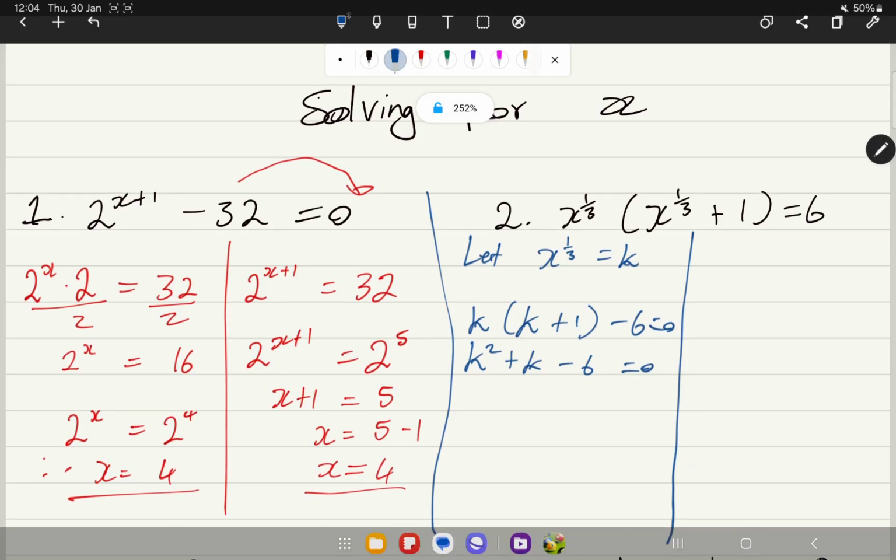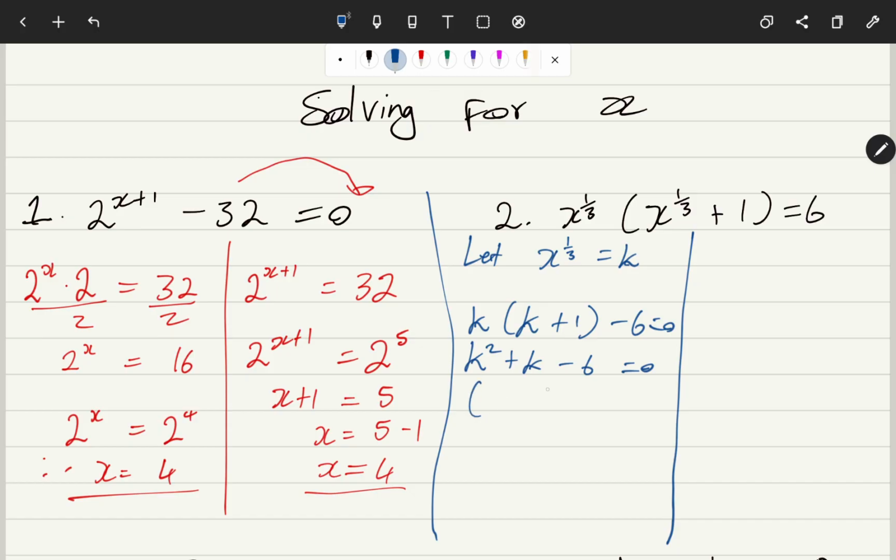So with this one, you have your 2 brackets equal to 0: k plus 3 here, and then k minus 2. I will just show you how to do all this in chapter 2. Now in the next step you realize therefore k plus 3 equals 0, or k minus 2 equals 0.